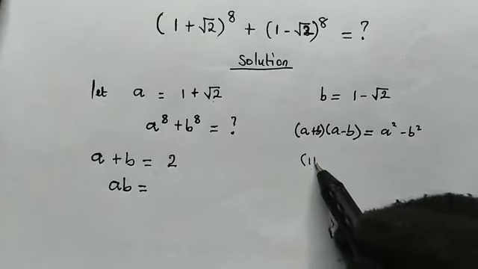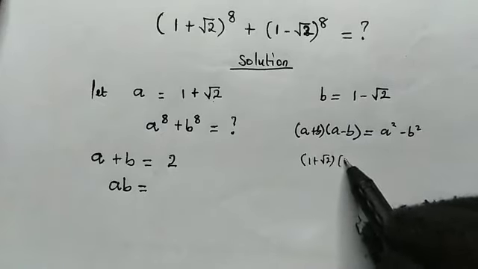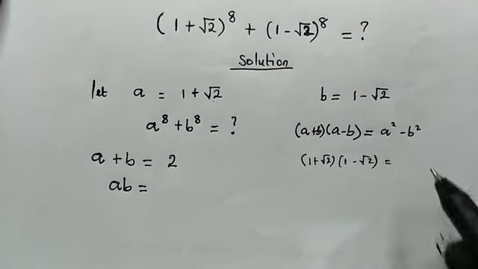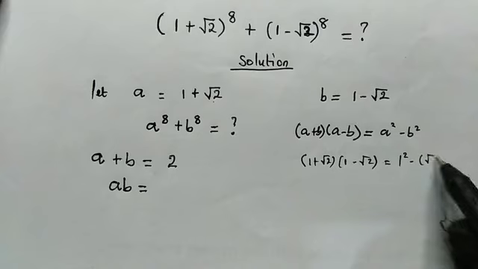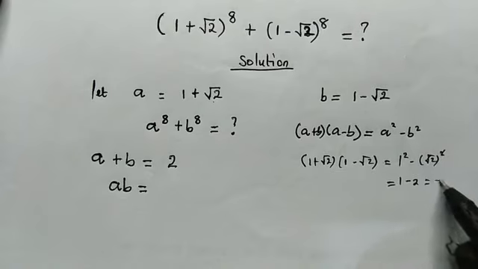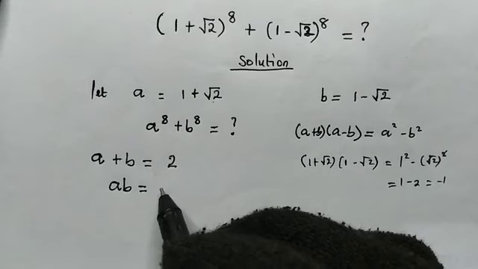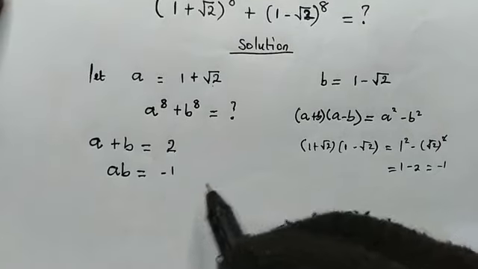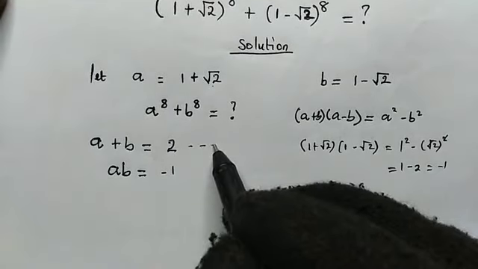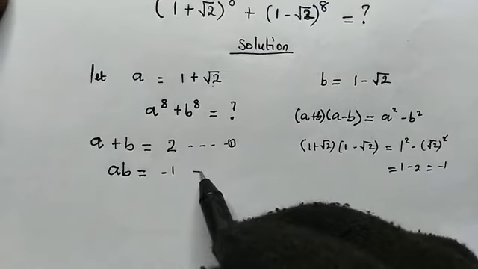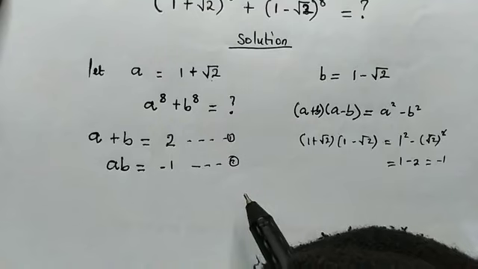So their product, (1 + √2)(1 − √2), will be equal to 1² − (√2)². Remember, this will be equal to 1 − 2, so this will be negative 1. We'll call this our equation 1 and this our equation 2.